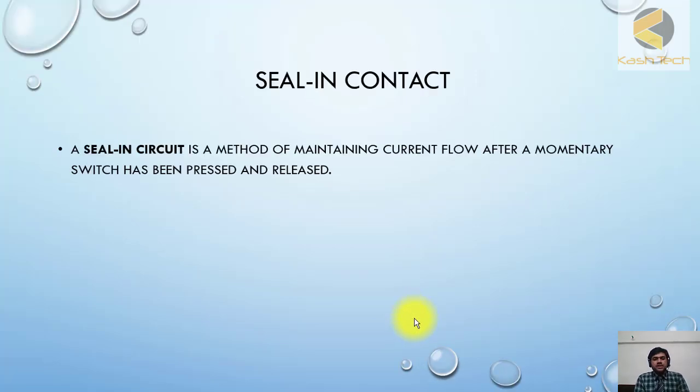A seal-in contact is a method of maintaining current flow after a momentary switch has been pressed and released. The concept is, for example, the switch we know in our house: if you press the button it becomes on, and if you press the button again it becomes off. But a seal-in contact is different.